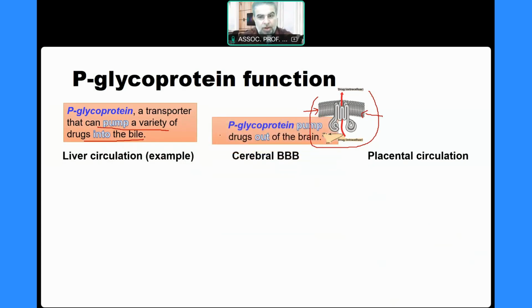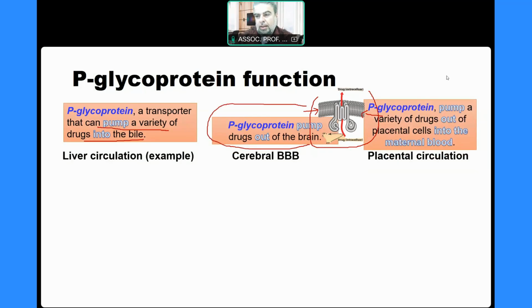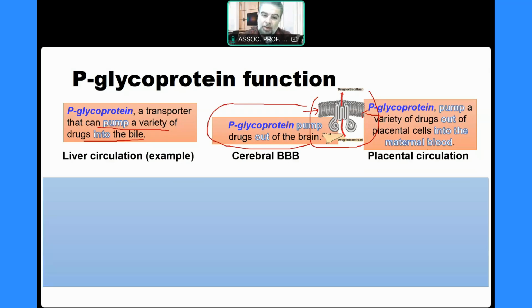However, in the blood-brain barrier, the P-glycoprotein pumps the drugs out of the brain back to the circulation, so it functions to pump drugs and chemicals away from the brain, not towards the brain. The placental P-glycoprotein pumps different kinds of drugs out of the placental cells back to the maternal circulation as a protective mechanism for the growing fetus.